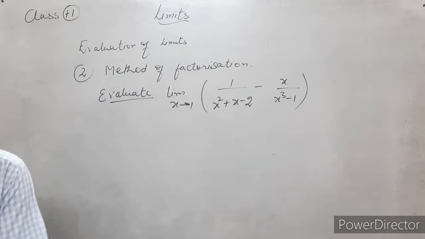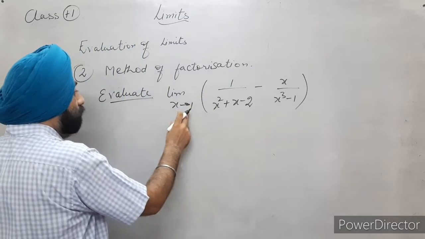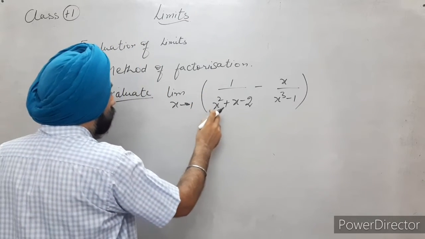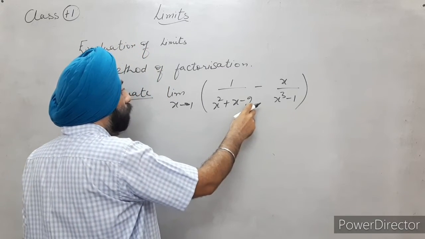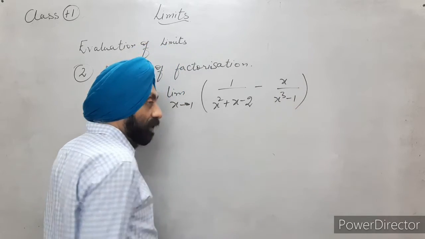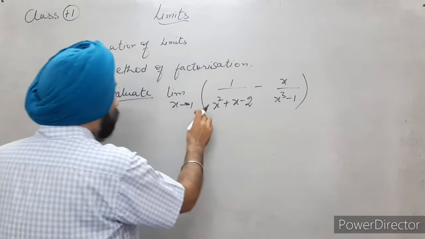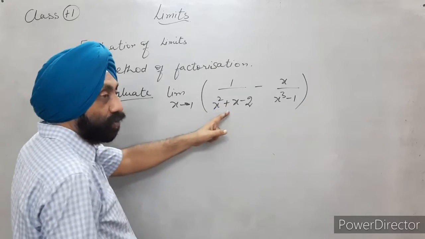Now I have to evaluate this limit. If I substitute the value of x as 1, 1 plus 1 is 2, 2 minus 2 is 0, and 1 minus 1 is 0. We cannot evaluate if we substitute the value x equals 1 directly.